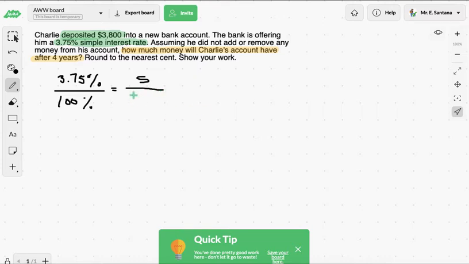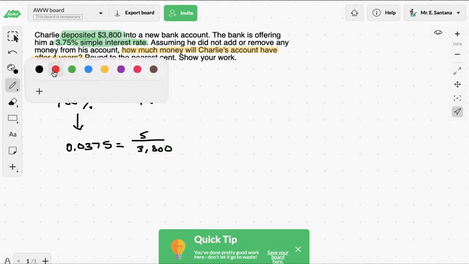The amount of money going in is 3,800. As it stands, the rate is represented by a decimal, 0.0375, and this is equal to S over $3,800.